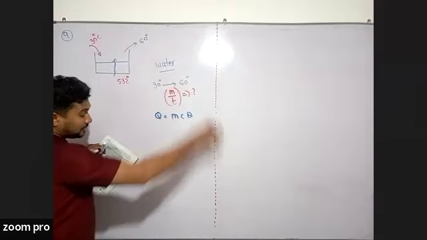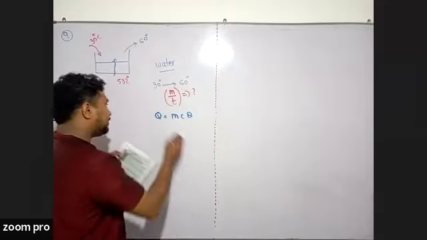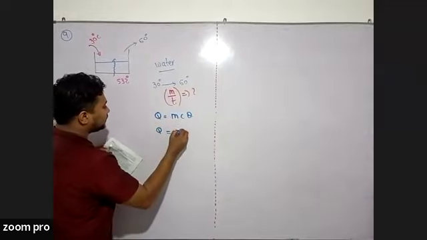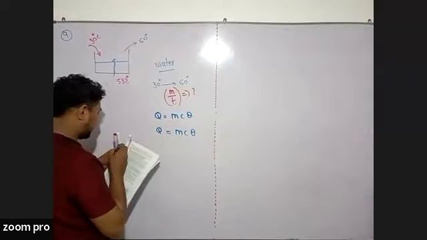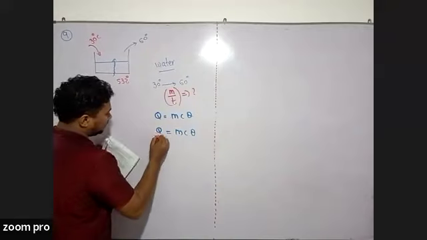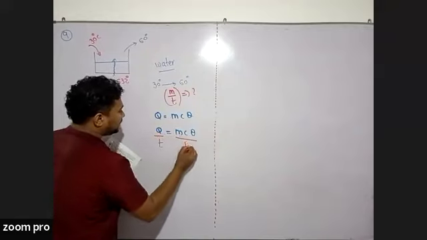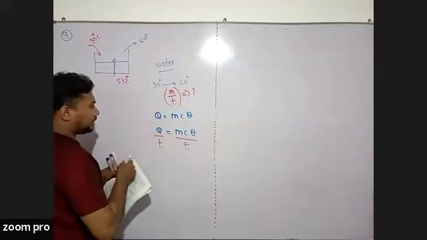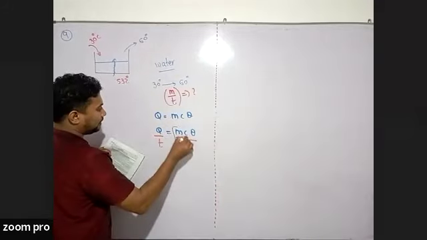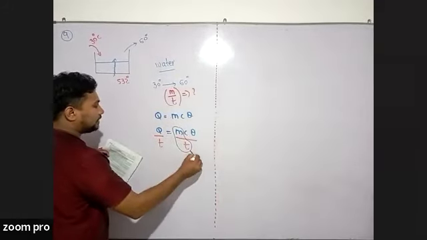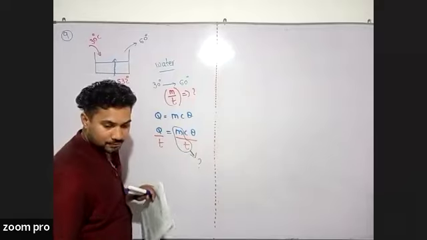If they're asking about the rate, then we have to divide both sides by T. At this point we can derive a term for M over T. This is the thing that the question is asking for.